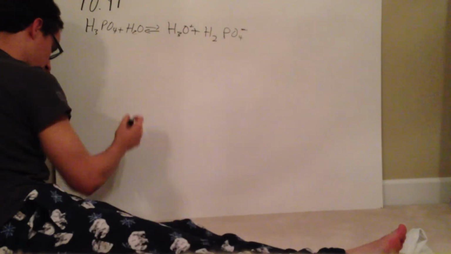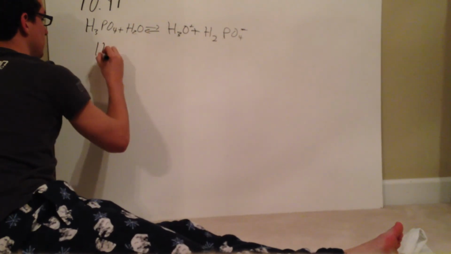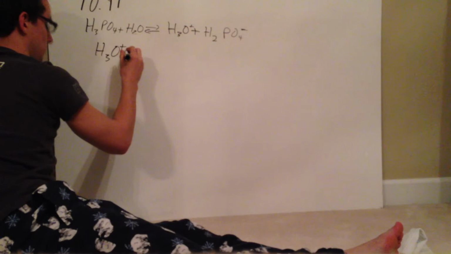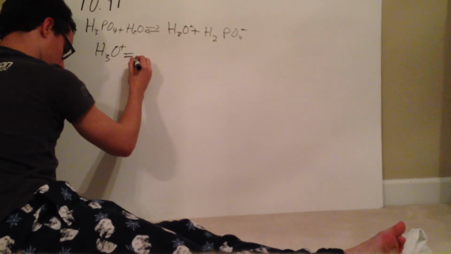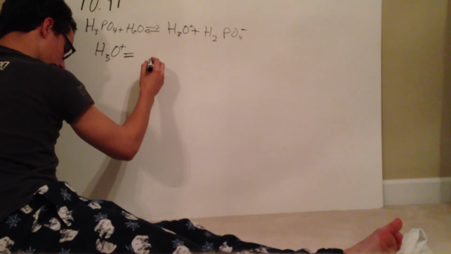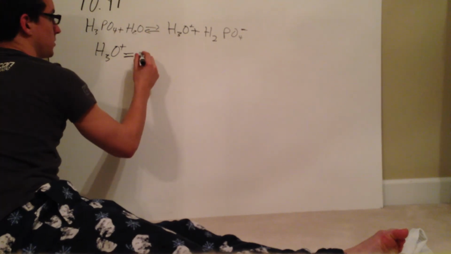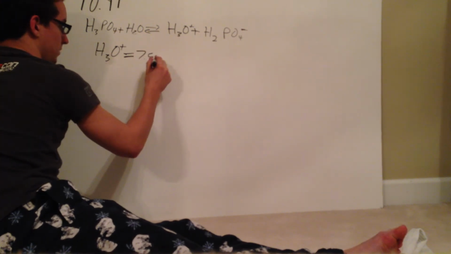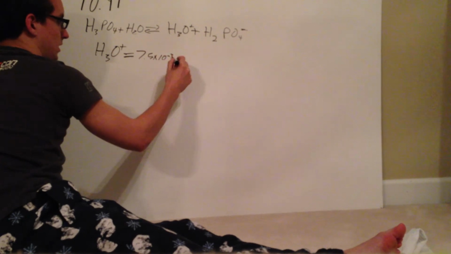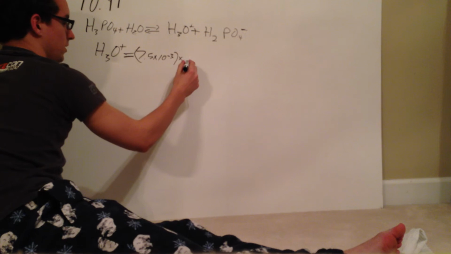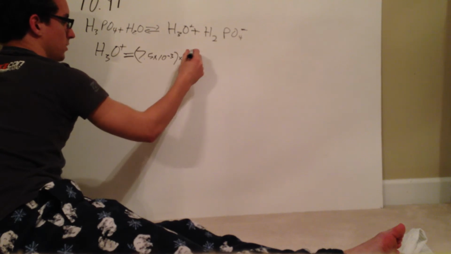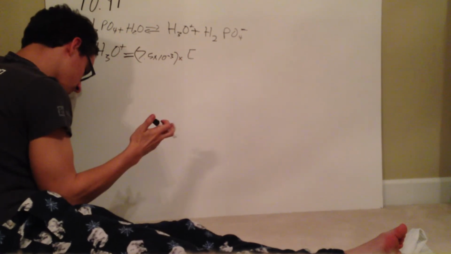And the new equation is going to be H3O plus equals, I'm going to plug in the number, so it's going to be 7.5 times 10 to the negative third times the ratio, which I believe was 0.1 over 0.1.